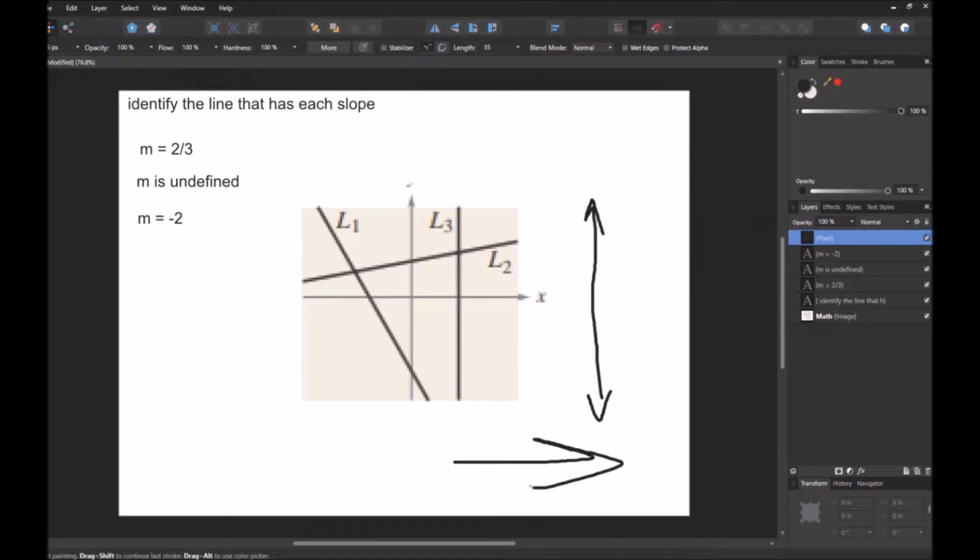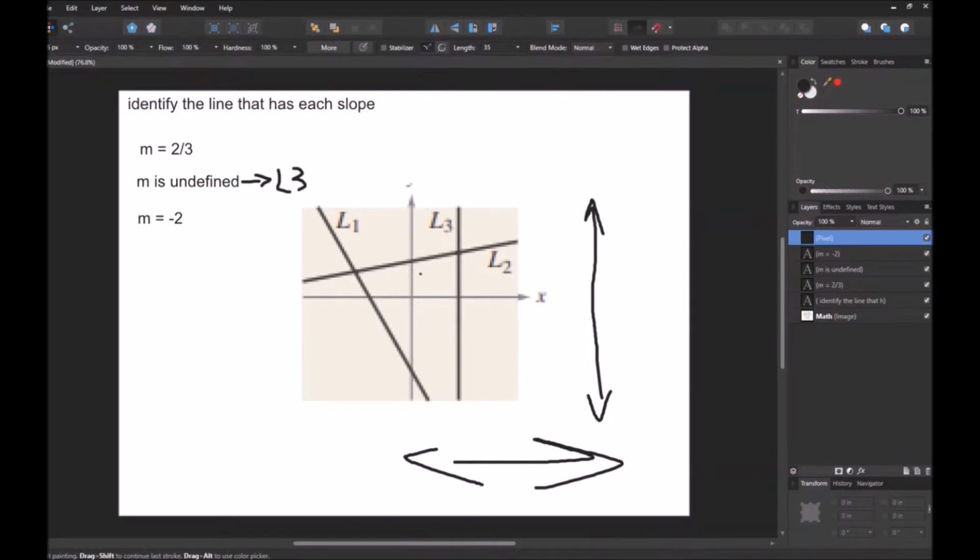If it was horizontal, the slope would be 0. So if we're looking for where m is undefined, I'm going to be looking for lines that are going straight up and down, and I see that that is L3. So I can confidently say that m is undefined corresponds with L3.